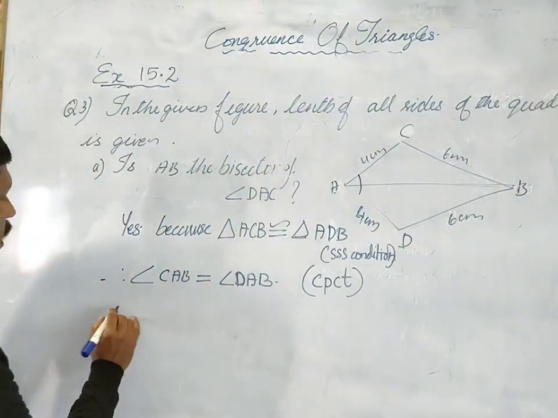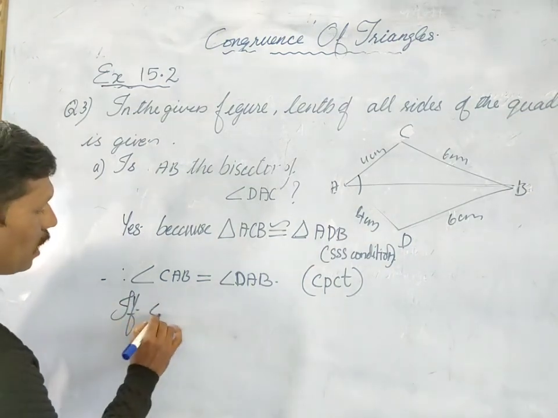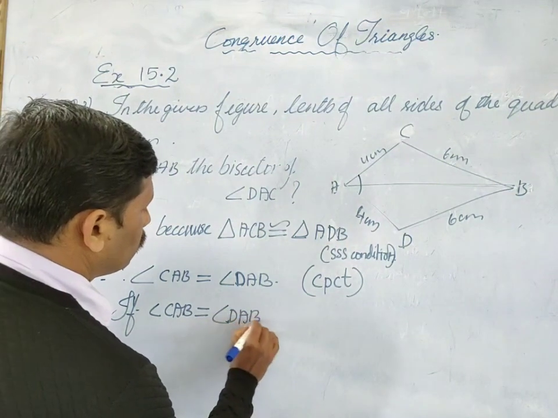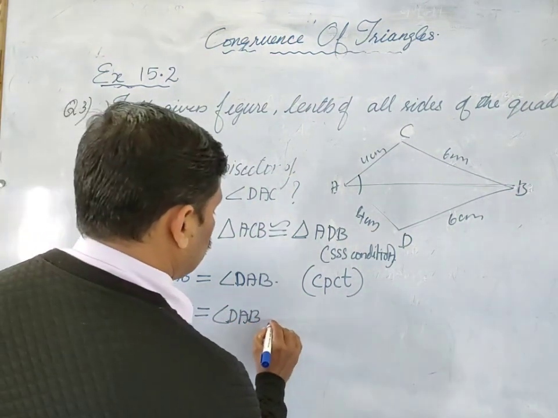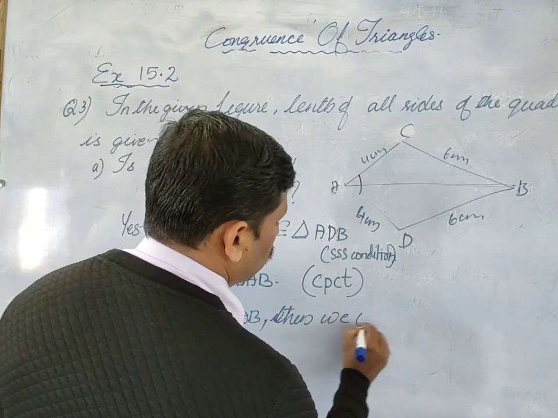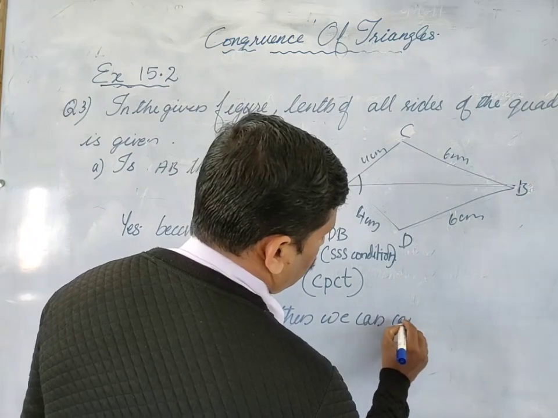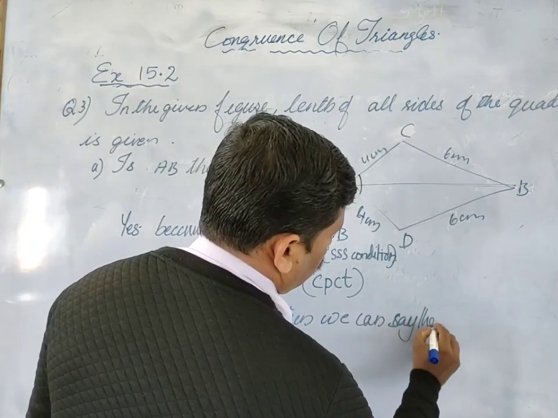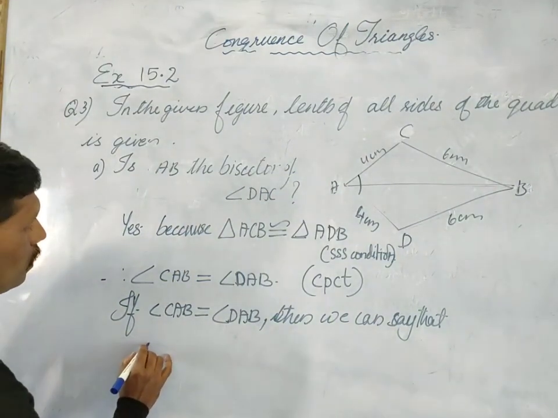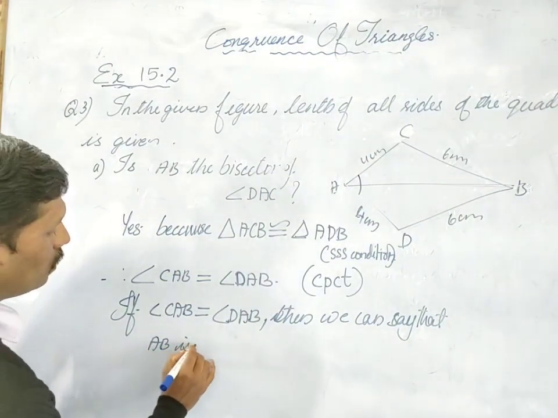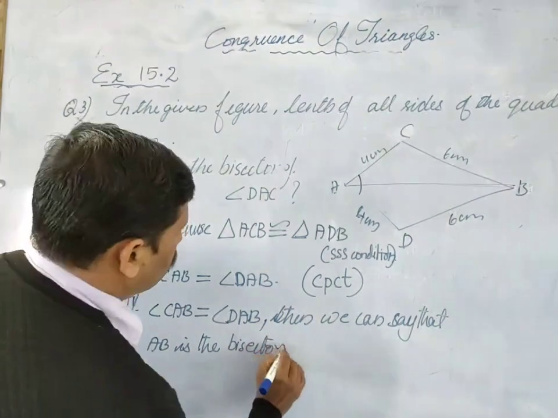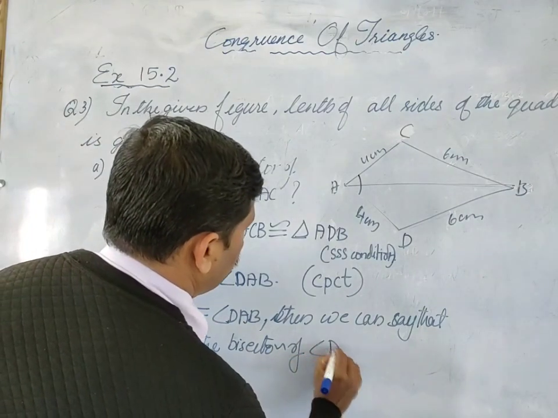And if angle CAB is equal to angle DAB, then we can say that AB is the bisector of angle DAC.